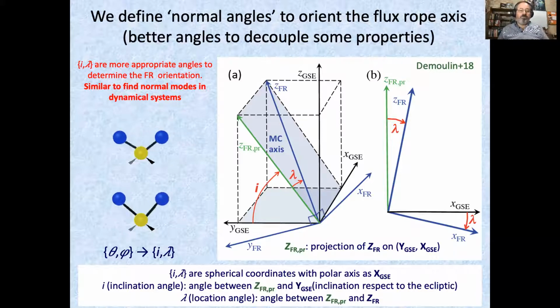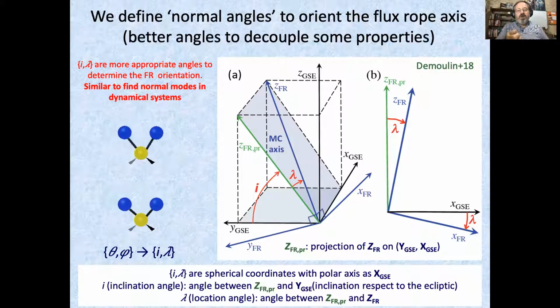Another reason to work with these angles, I and lambda, is that rotation of each of these angles is strongly associated with the symmetries presented in magnetic clouds, because Bx and Bz in the flux rope frame present symmetric profiles, while By presents an anti-symmetric profile. Then combining the two angles will modify the symmetries.